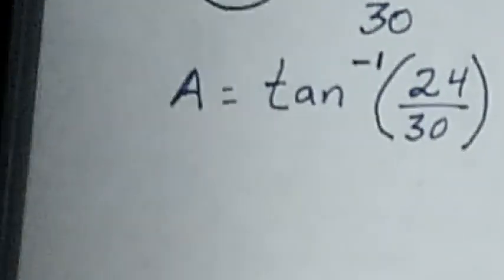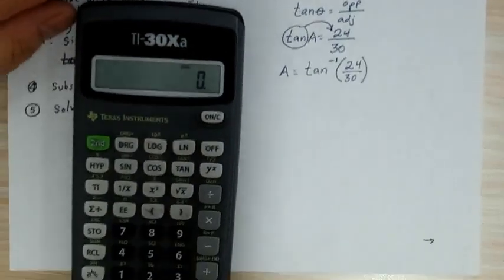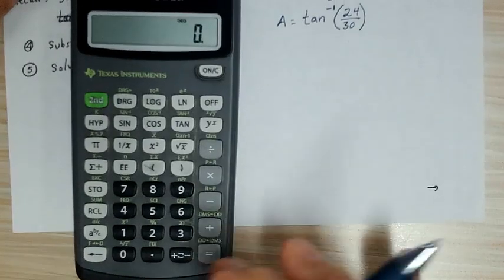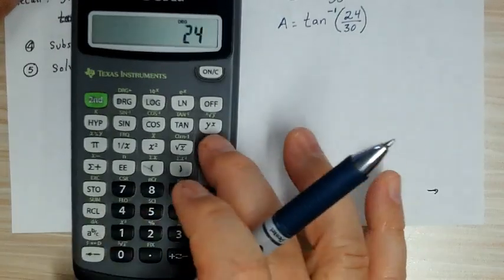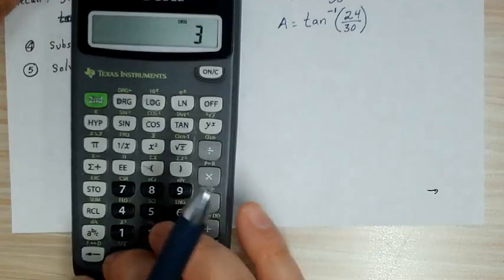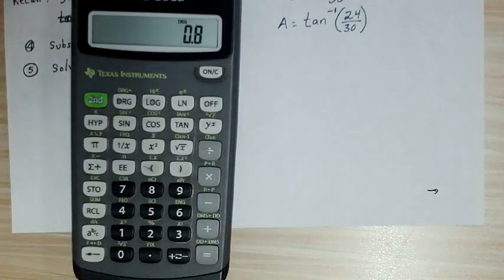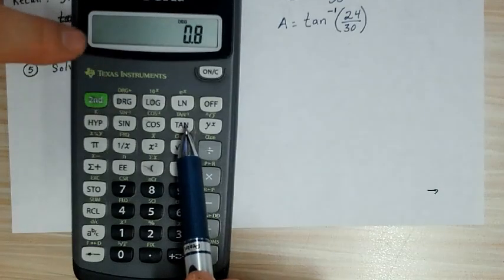So let me back out again. And the way this is performed is by taking 24 divided by 30 and pressing equals, 0.8. Now, once you have the 0.8 in there, we don't want to take the tangent of that. We want to take the inverse tangent.